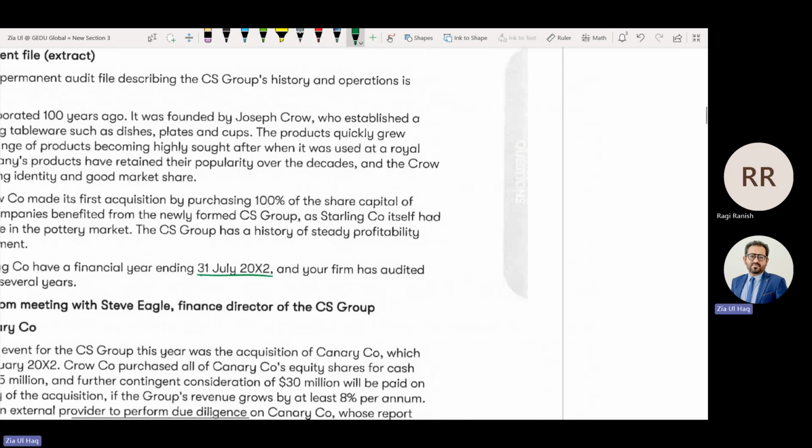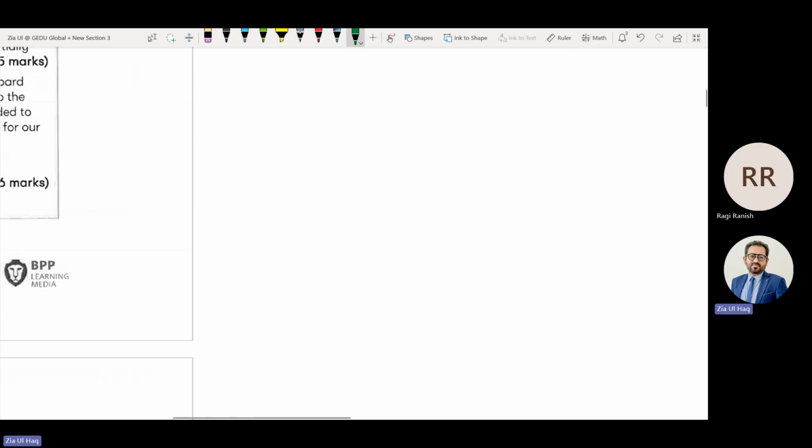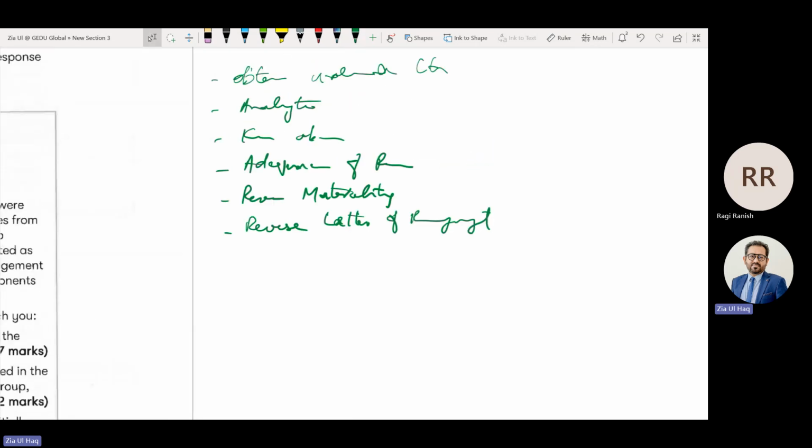This means there is another planning issue relating to consolidation: the different year end of the subsidiary Canary Company and the rest of the group. So you should make sure whether they are preparing consolidated financial statements as per IFRS 10, like the subsidiary's year end must fall before the parent's, and there must be a gap of less than 3 months.